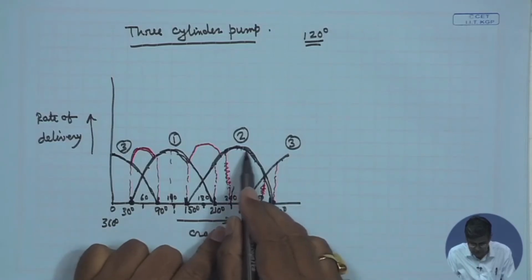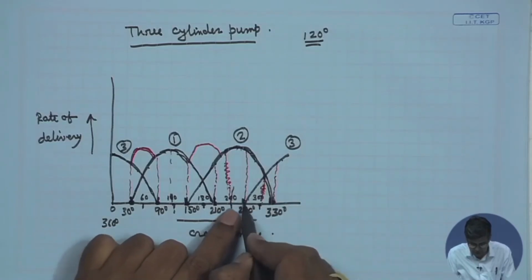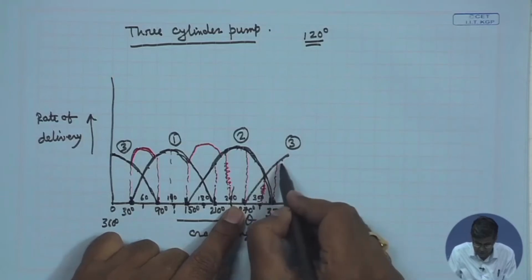That means this part, 270 and 30, there is an overlap.